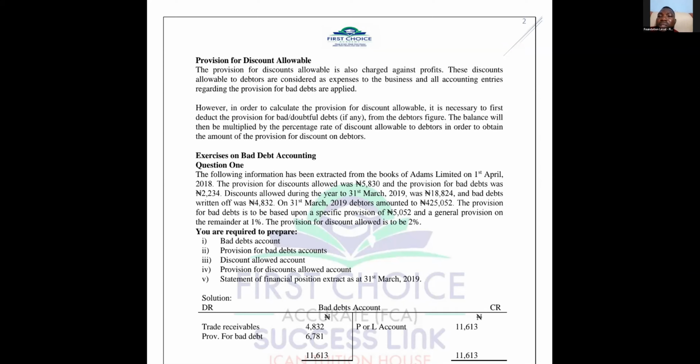Okay. In absence of question, we can move to computation then. Now let's look at computation.